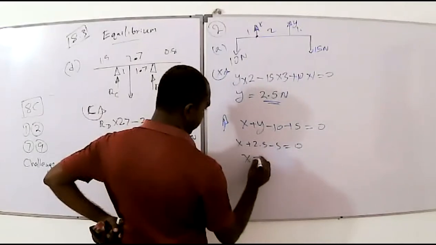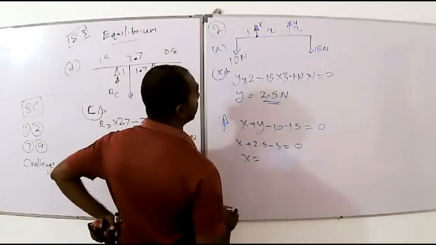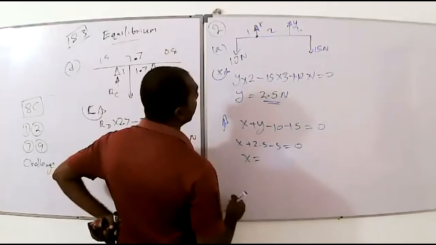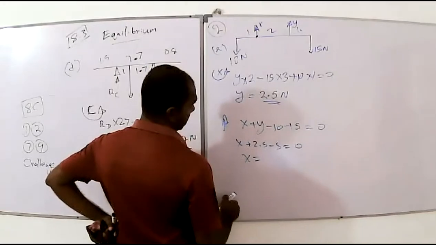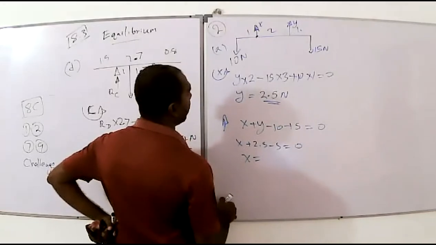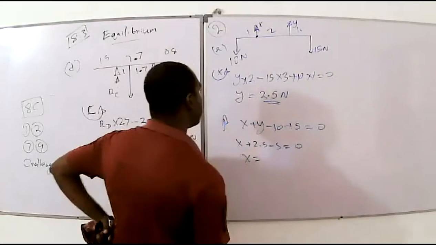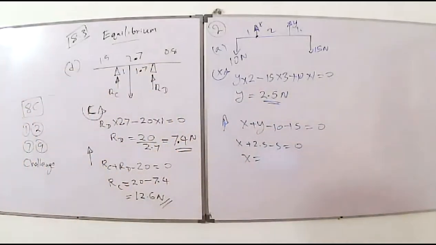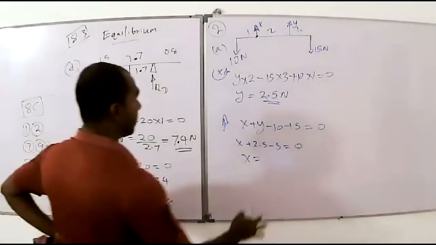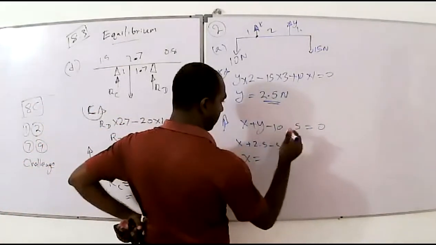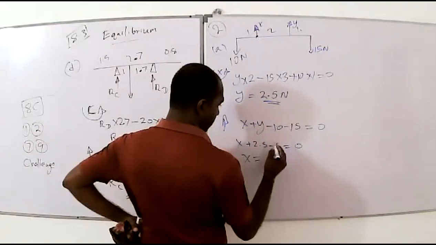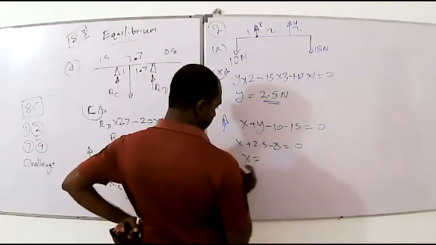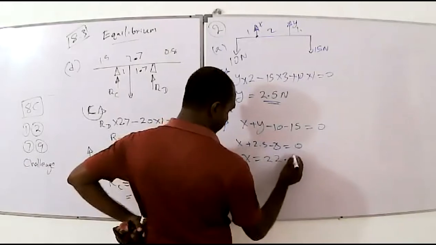So x equals how much? Is it correct? I feel like it is wrong. Something is wrong. What's wrong? This is also minus 15. So it's going to be minus 25. So x equals 22.5.